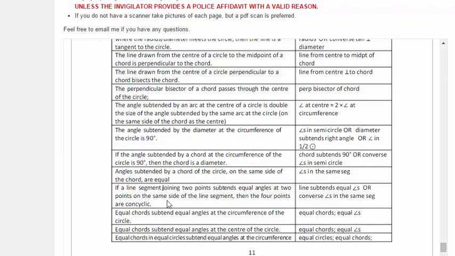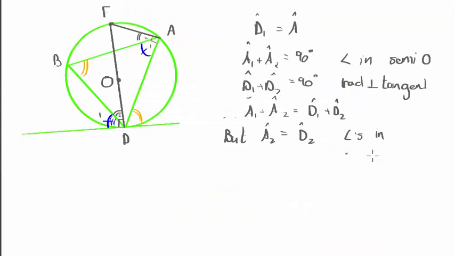Is it angles in same segment? Angles in same segment, yes. Okay, so angles in same segment.